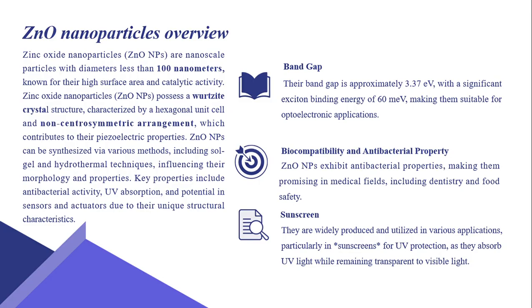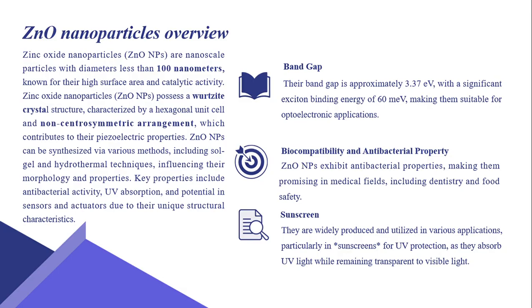Zinc oxide nanoparticles can be synthesized via various methods including sol-gel and hydrothermal techniques. Mainly, it involves main properties like band gap. As you know, band gap is the main property related to conductance, and it is approximately 3.37 electron volts for bulk zinc oxide.